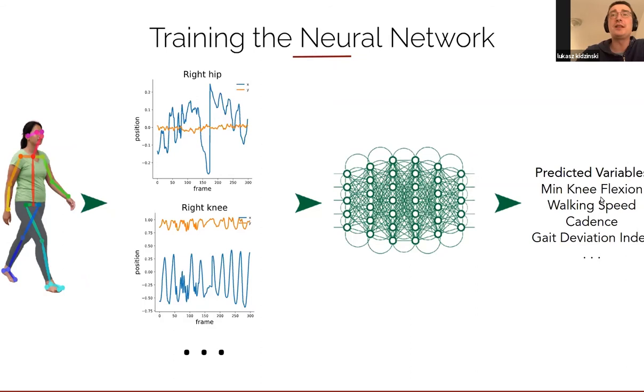We were interested in predicting walking speed, cadence, and gait deviation index. So gait deviation index is a holistic measure of how abnormal the gait of the subject is. It comes from the cerebral palsy literature, and it's one of the most popular metrics of gait impairment on the scale from 0 to around 100.